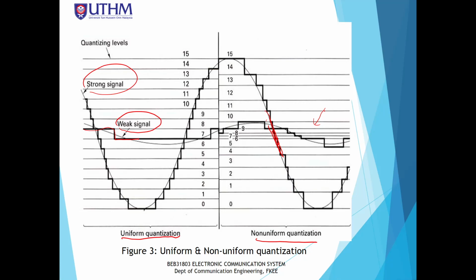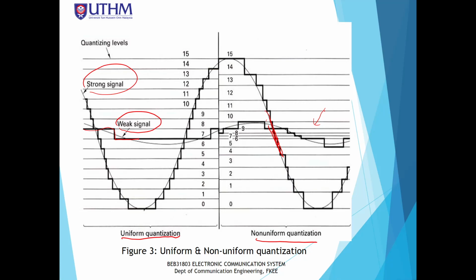So the quantizer must be suitable for the input. If the input varies strongly, we can have a bigger step size, and if the input is a weak signal, we can have a very small step size for the quantization. So this is adaptive to the input, which is better.